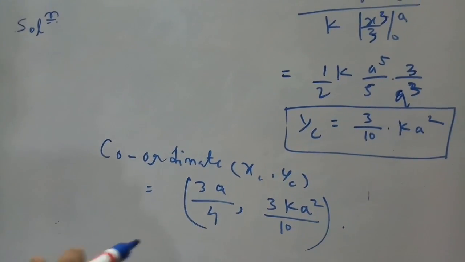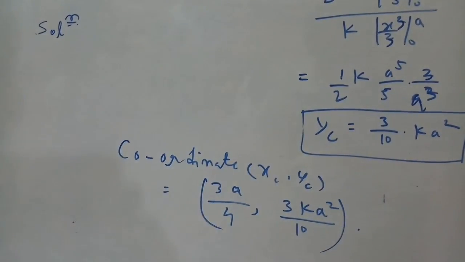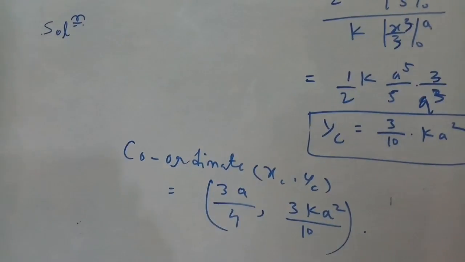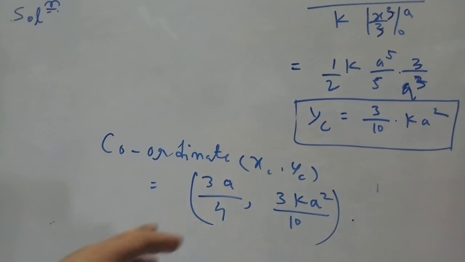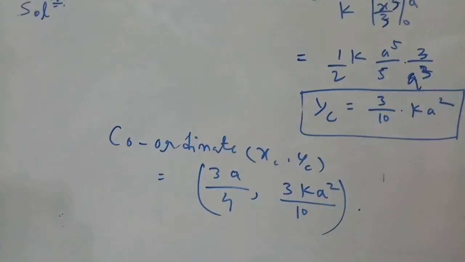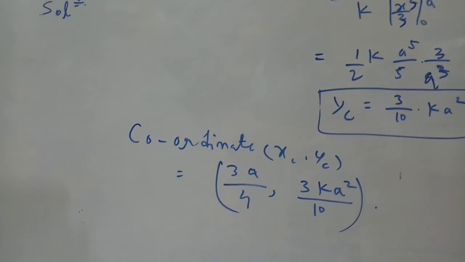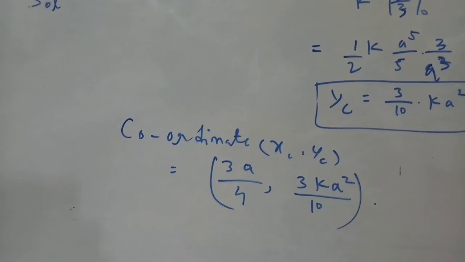This is the coordinate of the centroid of the plane figure, and this is the required answer. In this way we will find the centroid of a plane figure. Okay, this is all for today. Next class will be later.